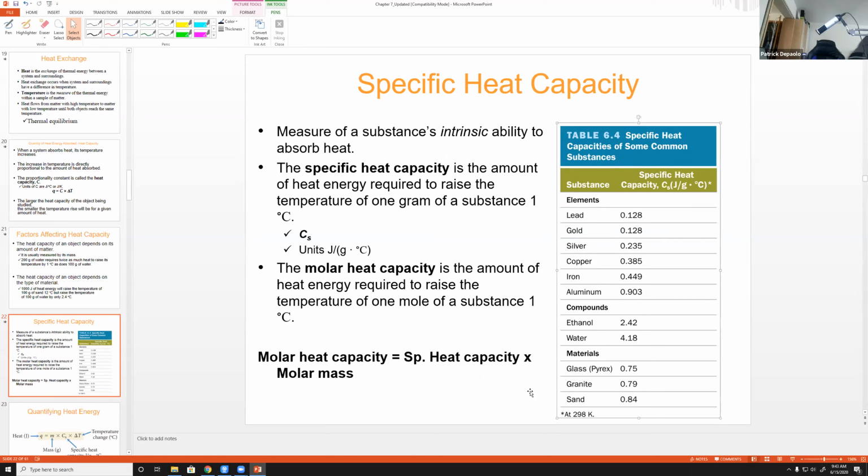Okay, so then you have that constant. Then you have the molar heat capacity, which in chemistry, they just like to use molar to make everything in a mole, right? It's the same thing as heat capacity, but it's the amount of energy, the amount of Q, heat energy, required to change the temperature of 1 mole by 1 degree Celsius.